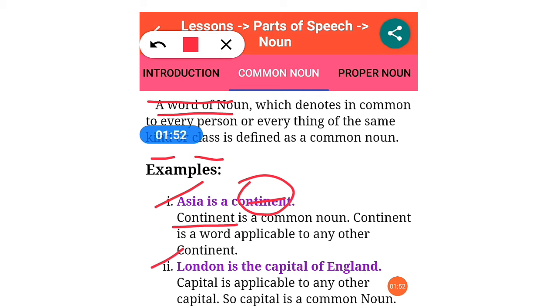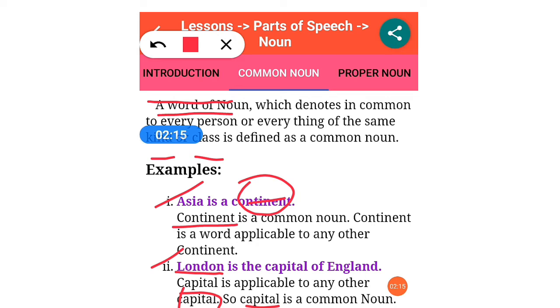Second example we will see to understand more. London is the capital of England. Here capital is applicable to any other capital. So capital is a common noun.